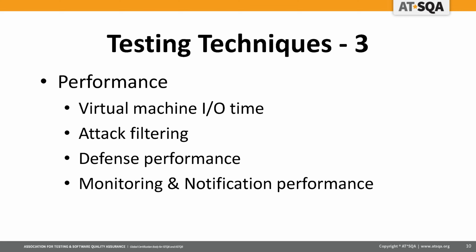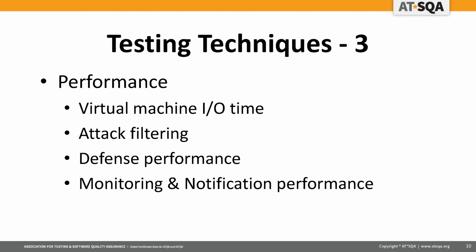What is the performance testing technique? Performance testing is another testing technique for testing cloud system security. In this case, testers execute the following tests looking for vulnerabilities, including virtual machine I/O time. Are there significant time gaps that allow an intrusion? Attack filtering.